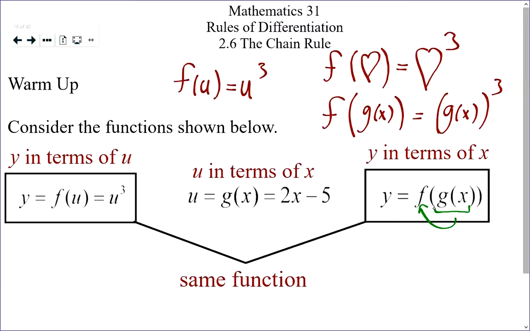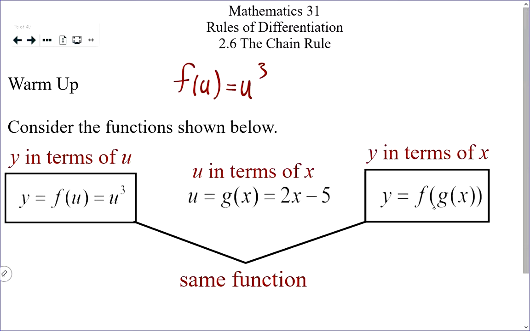What's important here is this is y in terms of u, this is u in terms of x, and this is y in terms of x. And what that means, everybody, and there's no need to write this down, because it's going to appear that at many times through my explanation I'm going to be going in circles. It is possible when you have y in terms of u to talk about dy du.